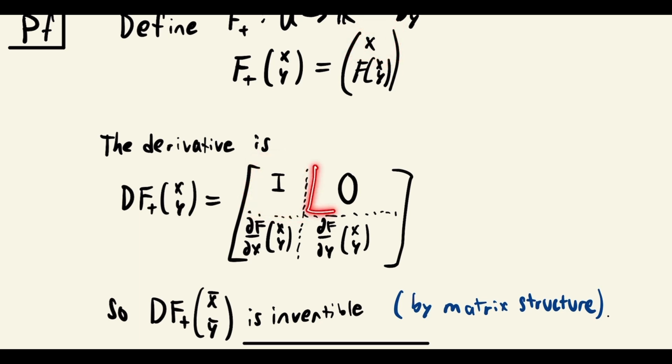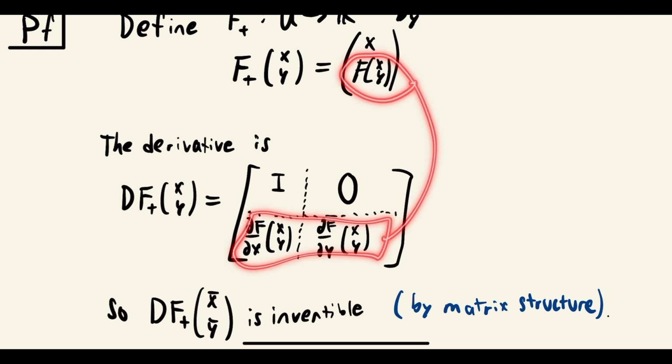And similarly here, the derivative of this portion of the function with respect to the y variables is going to be 0, because the x and y variables are independent of each other. And then down here in the bottom part, which is corresponding to this function, first you differentiate with respect to the x variables, and then you differentiate with respect to the y variables.